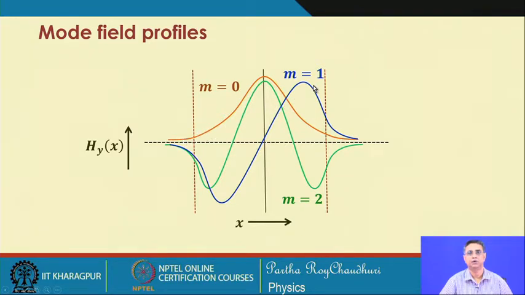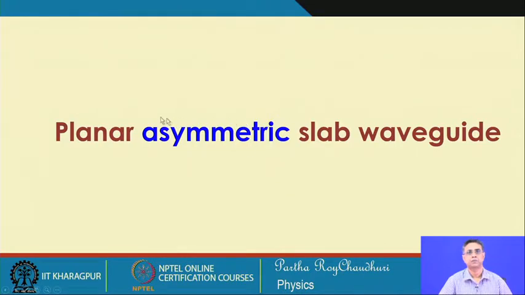For m equal to 1, the first order mode, antisymmetric mode, and again m equal to 2, you get the symmetric mode, which are almost the same, but the magnitude and the values are slightly different from the Ey field. Ey and Hy, they are related through C.